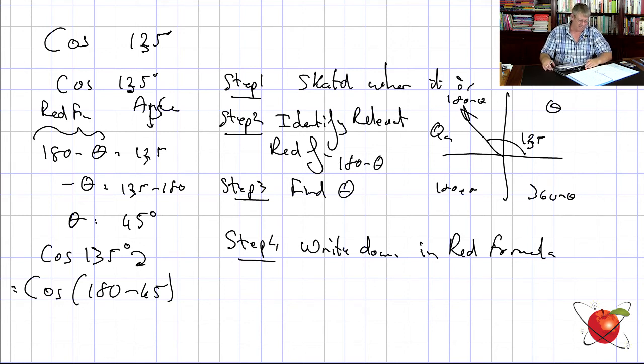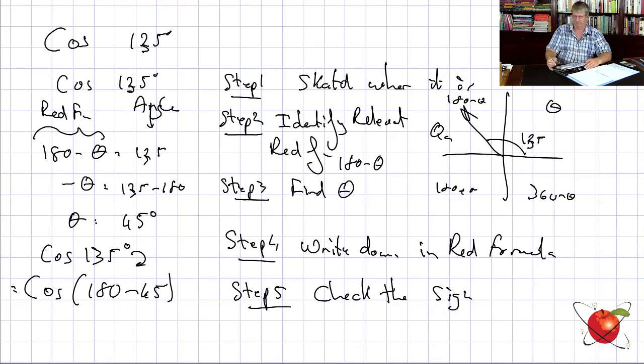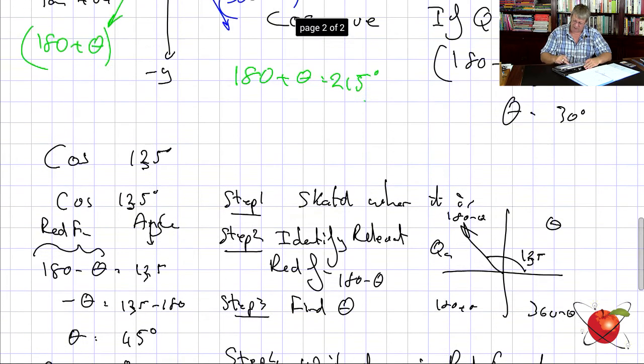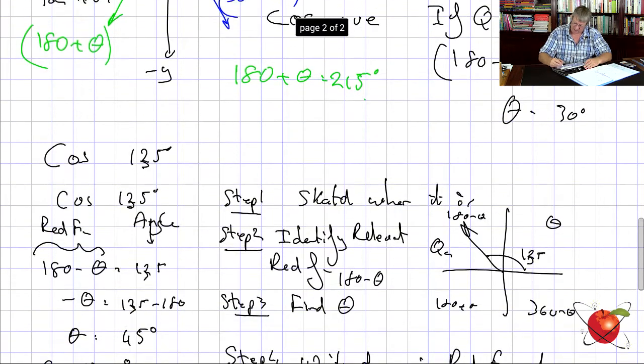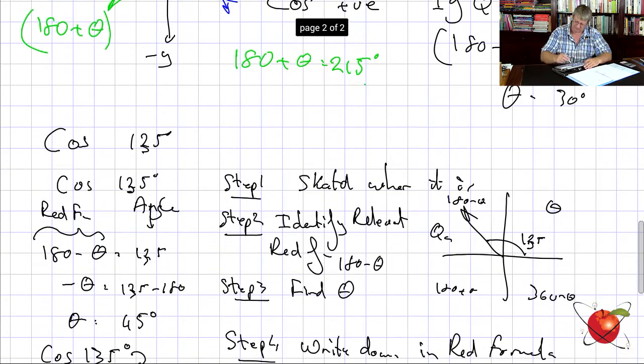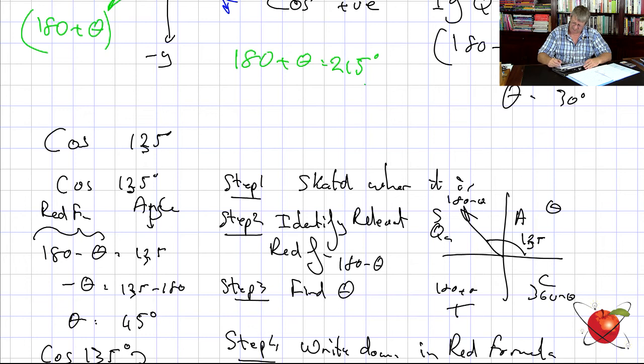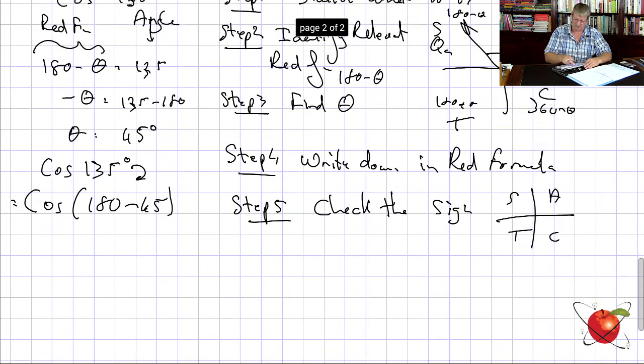Then the next step is I say, right, check the sign. Step 5, check the sign. In other words, ASTC. I always look. So the only one that is positive there is sine.